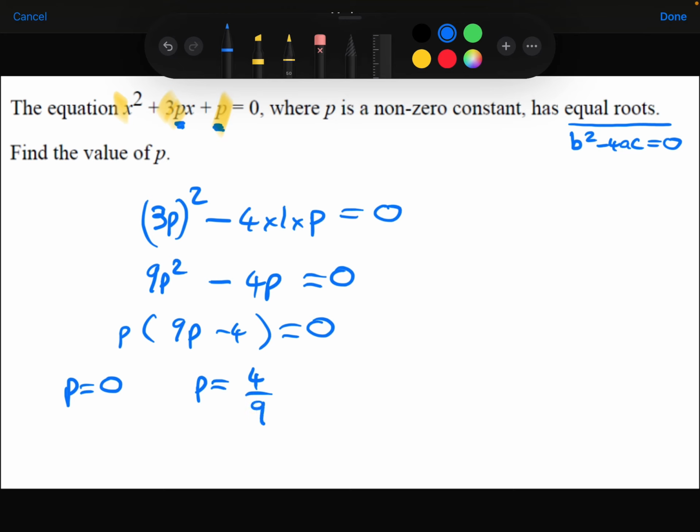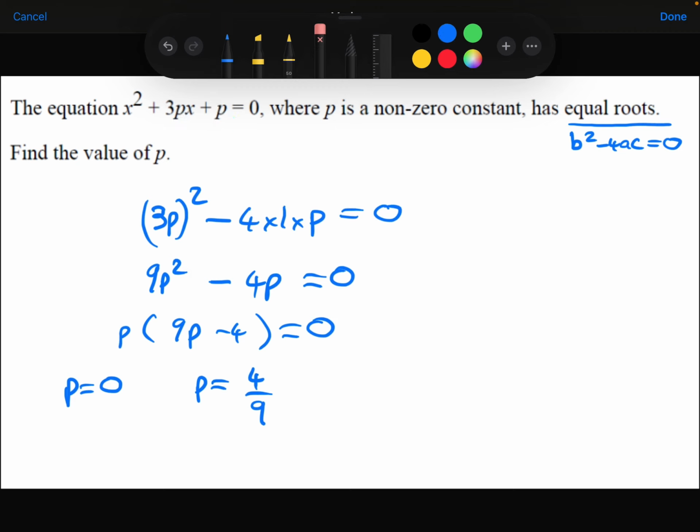In each of these cases, if I put 0 here and here, then I just get the equation x squared equals 0, which makes sense about why there is equal roots. The only one repeated root there is 0. Or if I substituted 4 over 9 in here and here, then that equation would have equal roots.